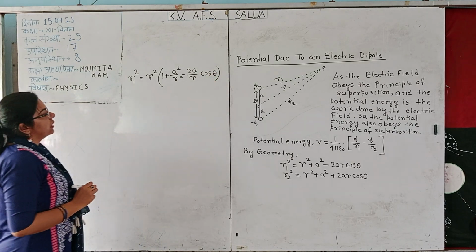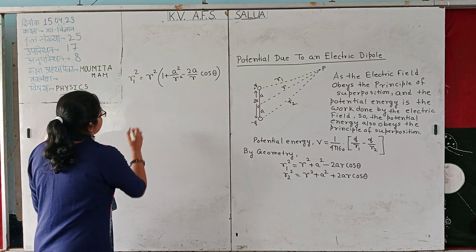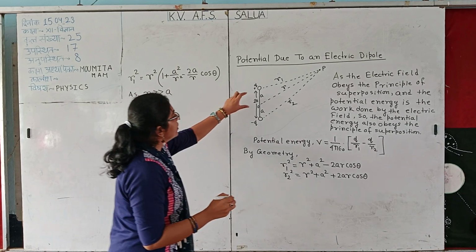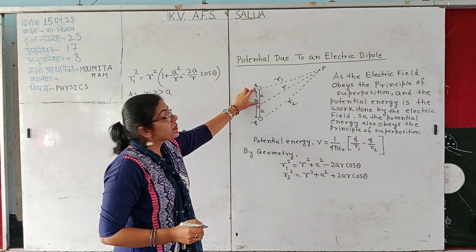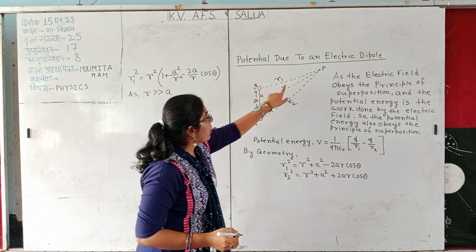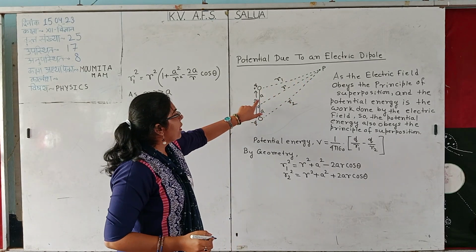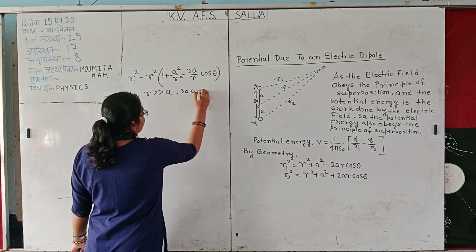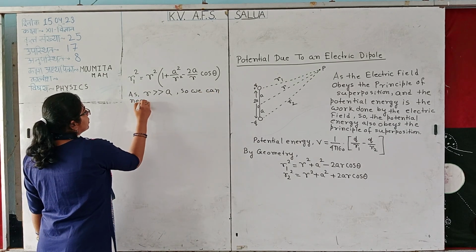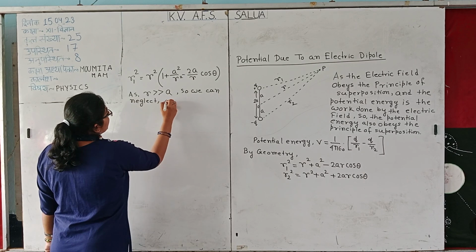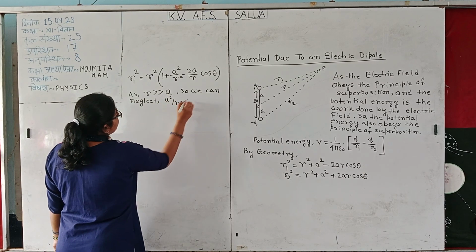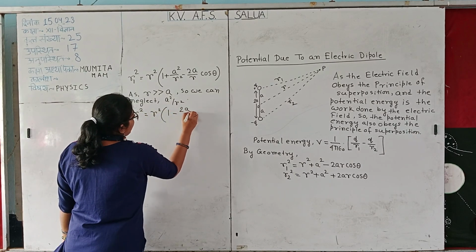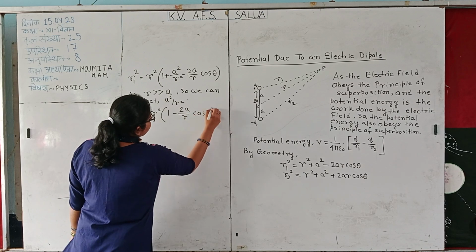Now dear students, as r is very much greater than a, a is very small compared to r, so we can neglect a square by r square. Our final expression will be r square into 1 minus twice a by r cos theta.